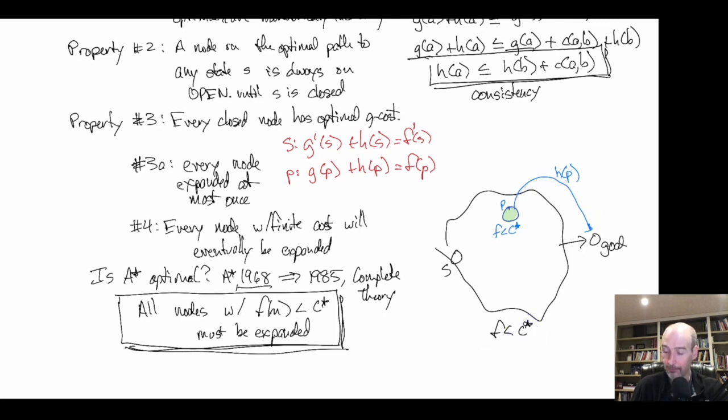On the new problem, whatever C star was on the old problem, the new problem is going to have a lower C star, because the state has f less than C star. Whatever the G cost is plus this H cost is going to get us to the goal.